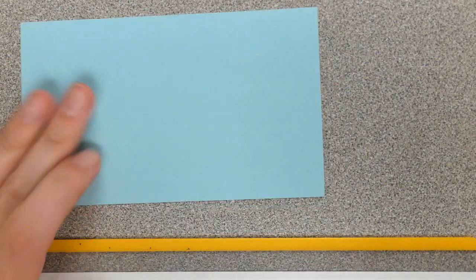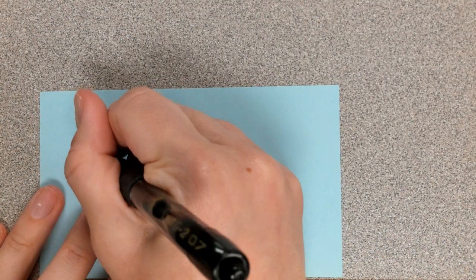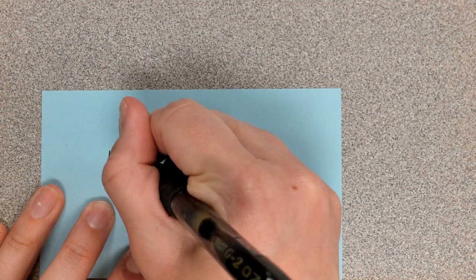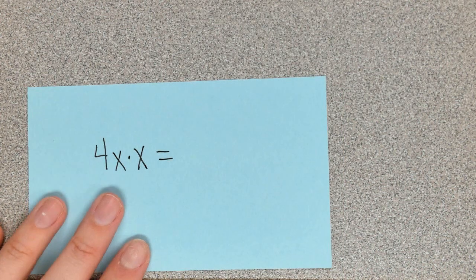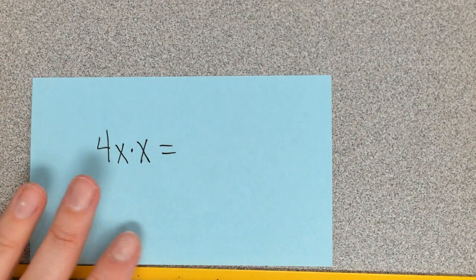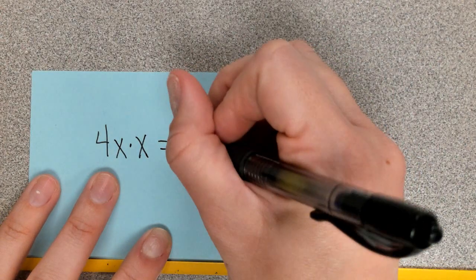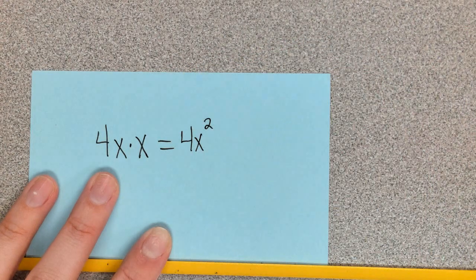All right, real quick though, before we do this, if I have something like 4x times x, what does that equal if I use exponents? 4x squared, right?